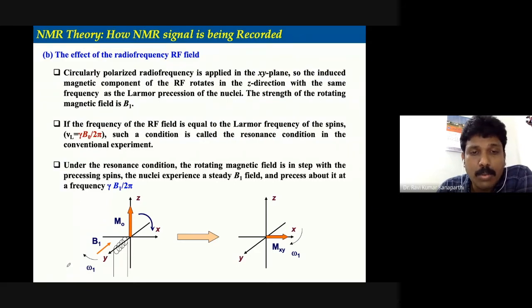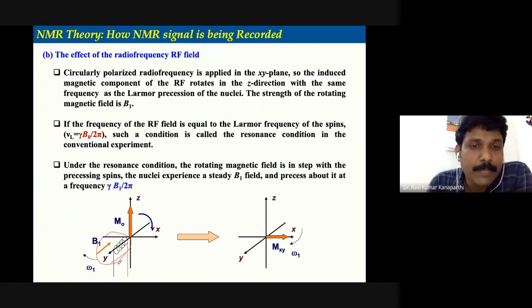Usually this is the direction: you can see here there is a coil in the y direction, through which normally the circularly polarized radio frequency is applied.